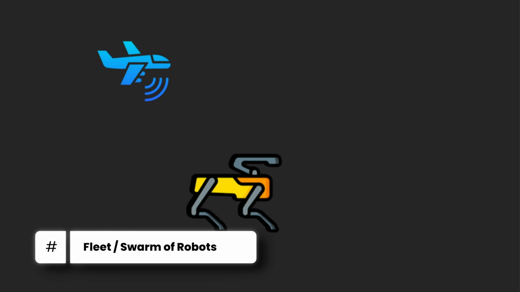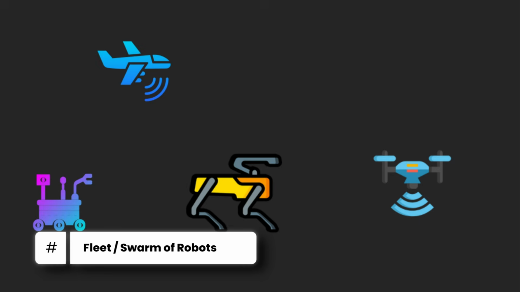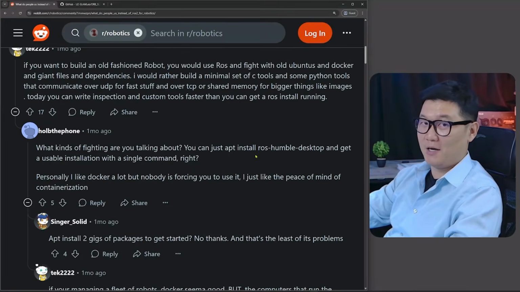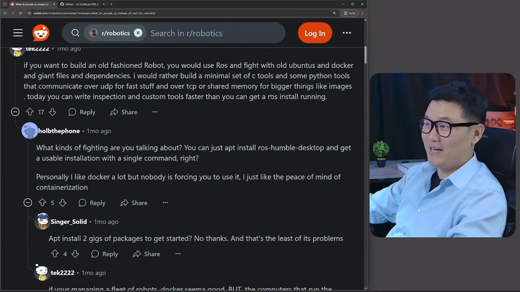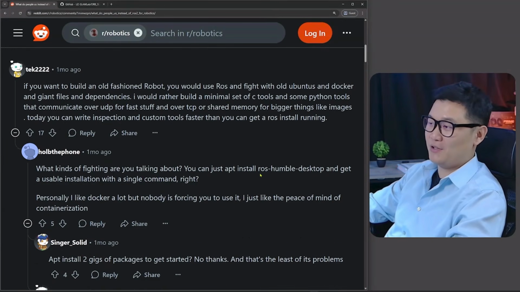You are talking about a fleet or swarm of robots, and a cloud server is involved, and the end users are the problem because they are not engineers and they will never open up an Ubuntu terminal and start typing ROS2 topic list. So that's the beginning of the problem, and that's why we can't just do this. Let's talk about that too.